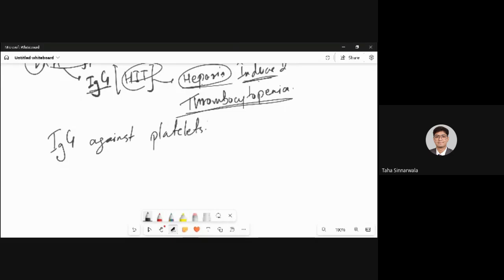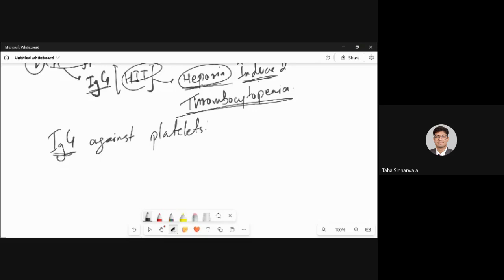So once again, heparin-induced thrombocytopenia, the entire idea behind this condition is that after the administration of heparin, you develop thrombocytopenia, which is low platelets. Now, why did you have these low platelets? Because you were producing an IgG antibody against the platelets.